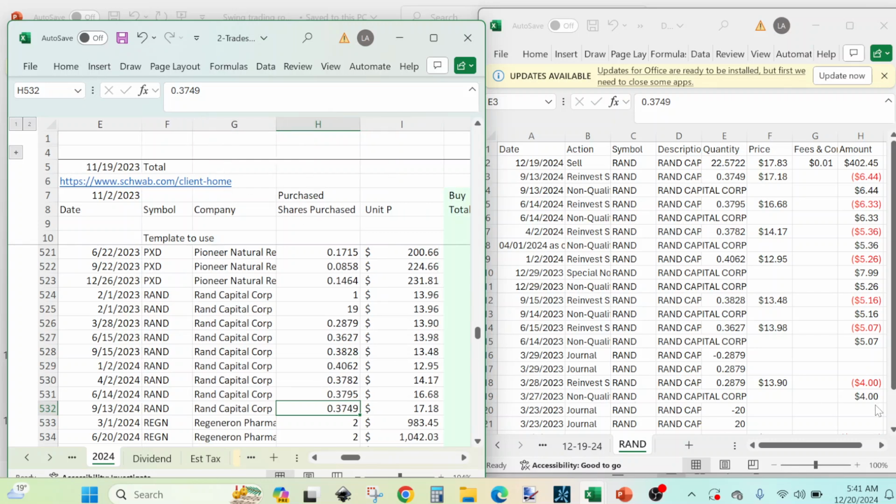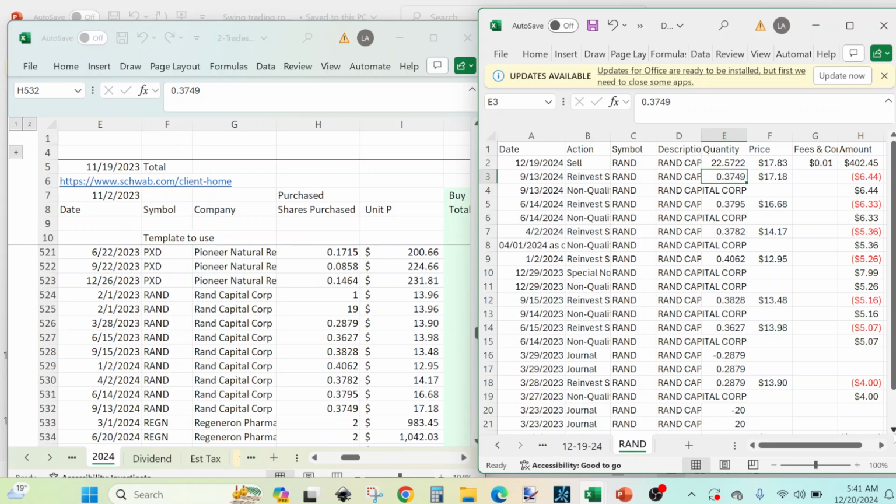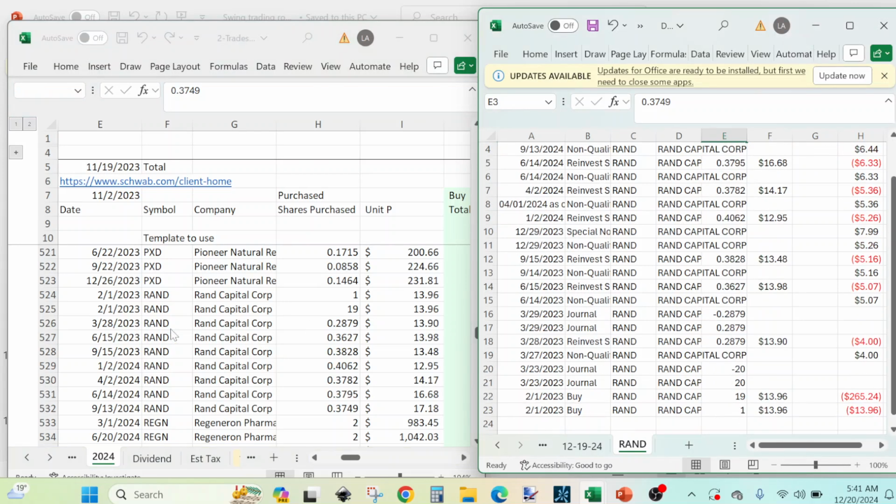So we have $13.96. We have $13.90 on the 28th of March, and 90, and then 98 on the 16th. We have 48, 915. We have 95. We have 14, 17, 16, 68, and then we have the last one.